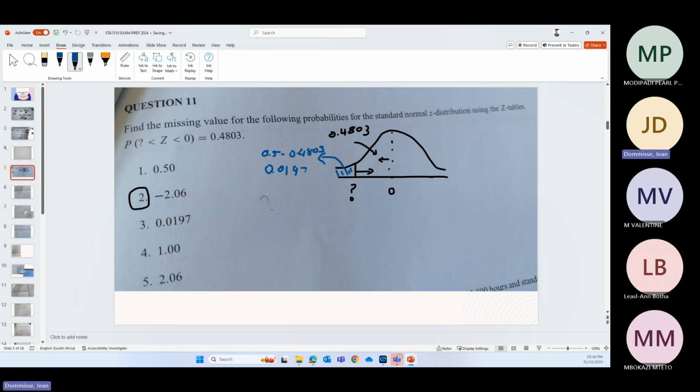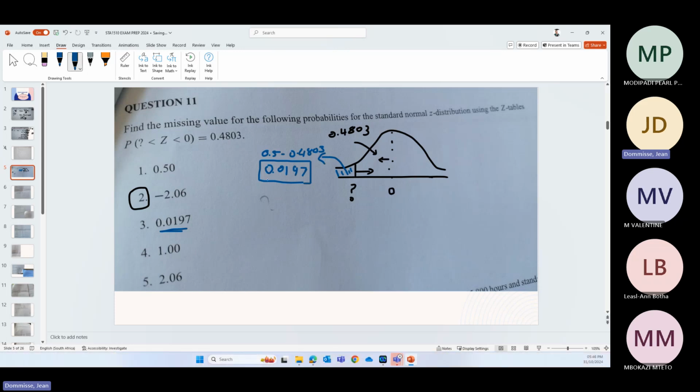Okay, so even that answer creeps through in the answer set. So I'm looking for that probability. So I need to go to the negative Z table and not look for the Z value. I need to go into the probabilities and then find my Z value.